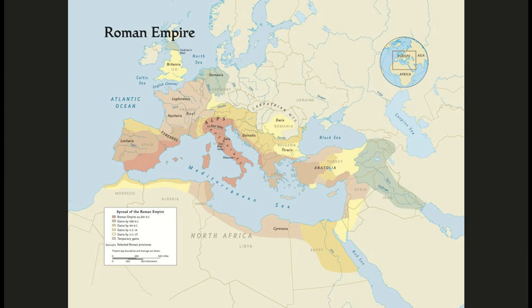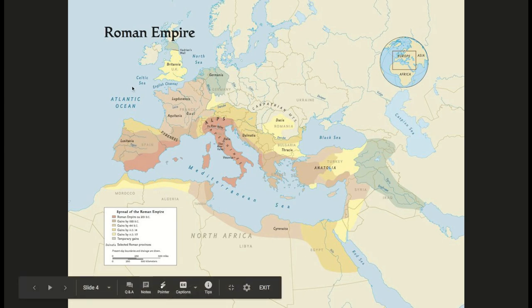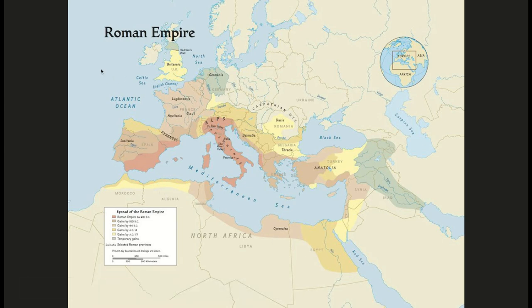Something I want to point out at this point: Rome is going to build an empire. It starts with the city. Eventually, it'll be all of Italy. And then eventually, everything that's shaded in here will be part of the Roman Empire. Now that we're talking about Rome eventually being an empire, Rome sits at a very interesting point in history.